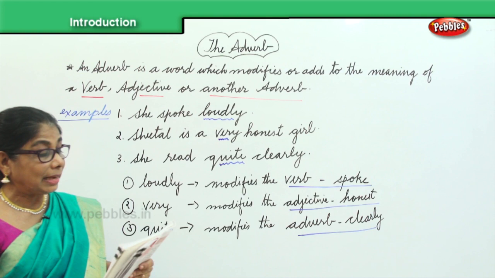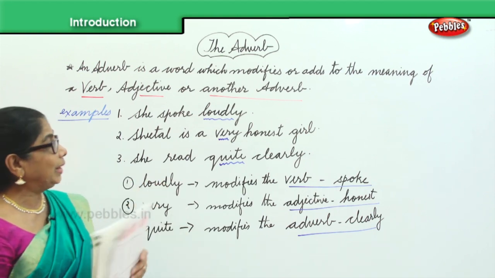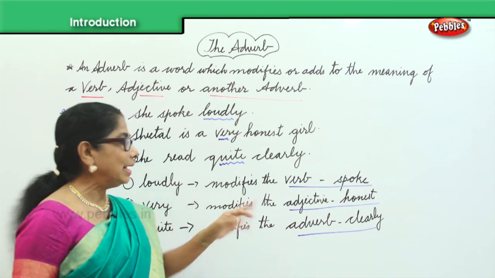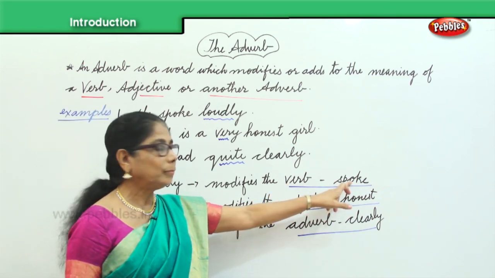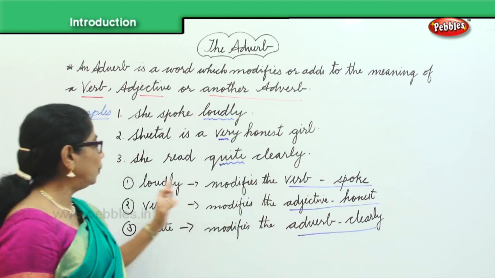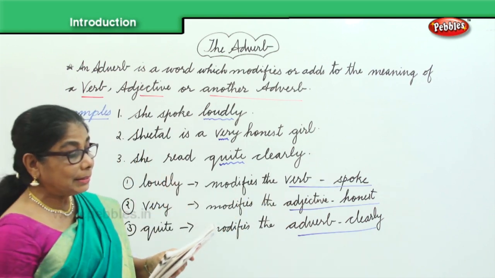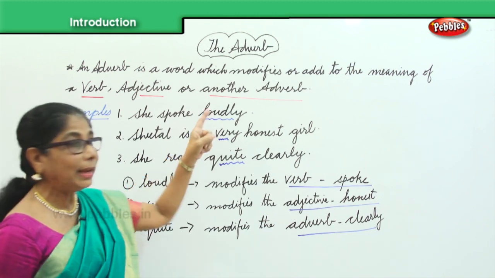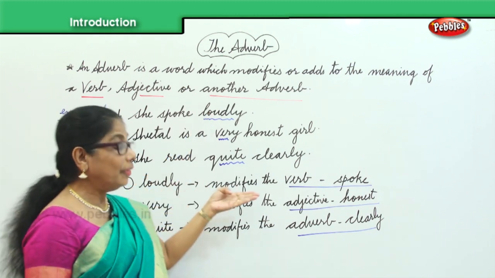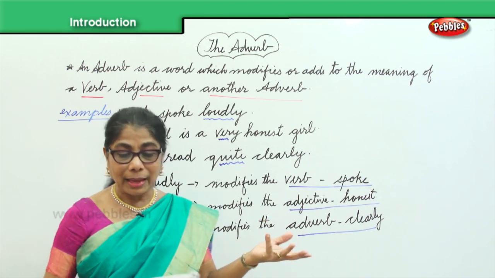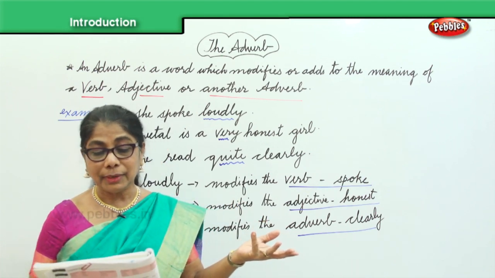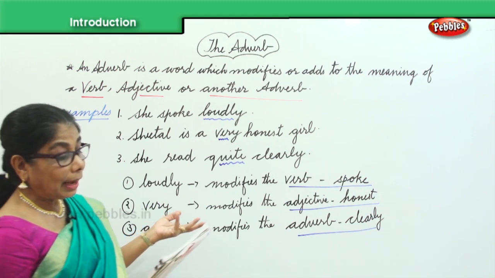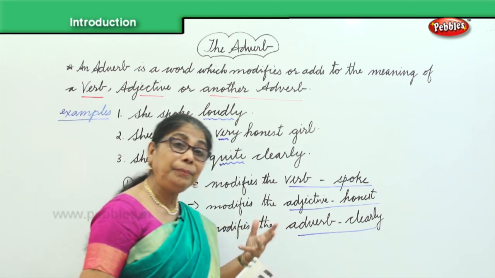Now I'll give you another sentence. She sings sweetly. Sings is the verb. Sweetly is an adverb, so it modifies the verb sings. I'll give you another one. Asha came yesterday.